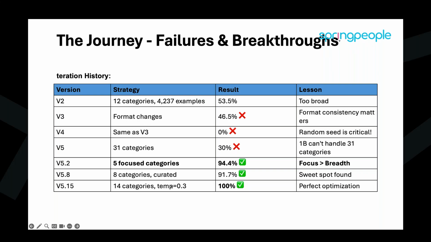If I keep this at a higher level, then I'm looking at the 90s or even below that. And so I could expand from 5 to 8 to 14 categories with absolutely optimized results. Do remember, I can't keep expanding so much.